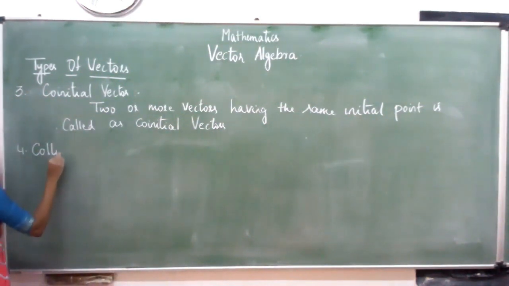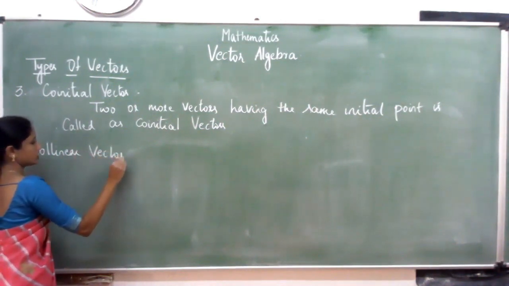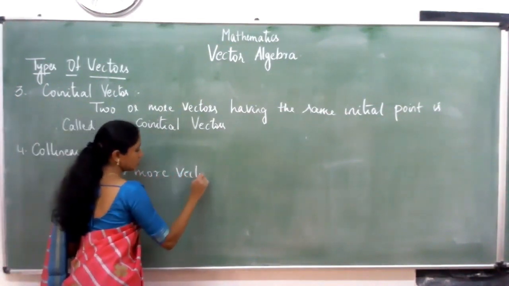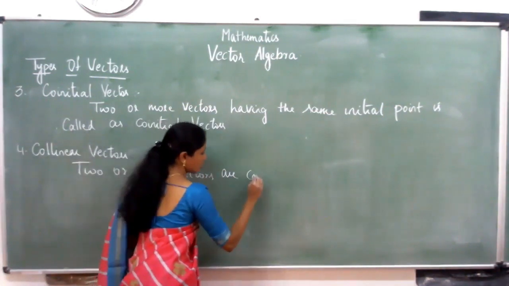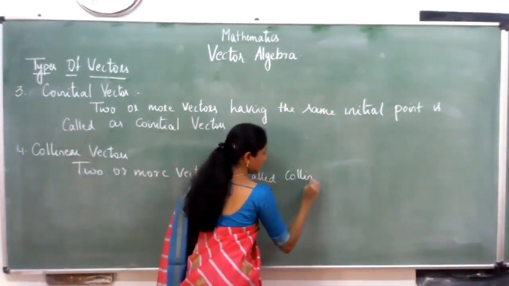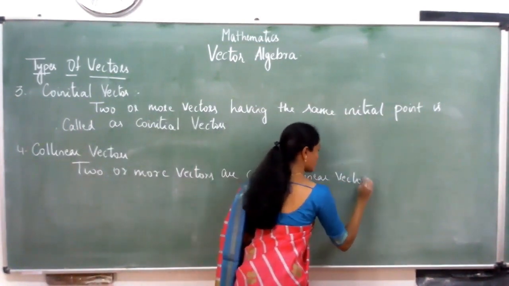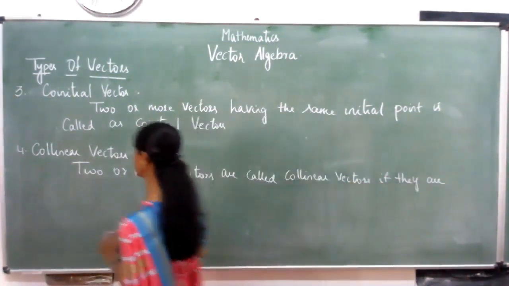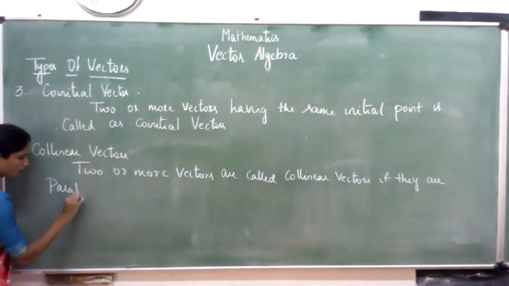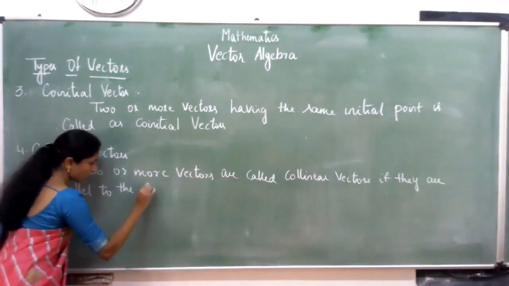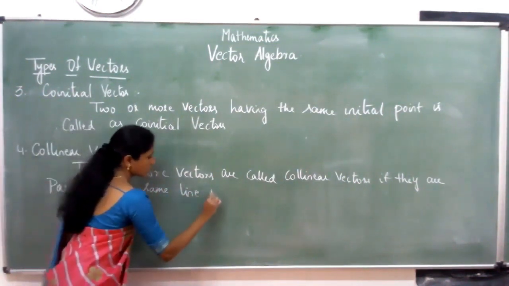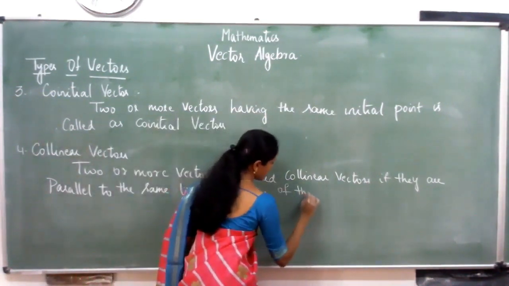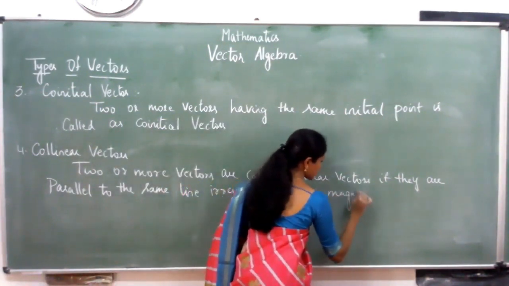Next is collinear vectors. Two or more vectors are called collinear vectors if they are parallel to the same line, irrespective of their magnitude and direction.